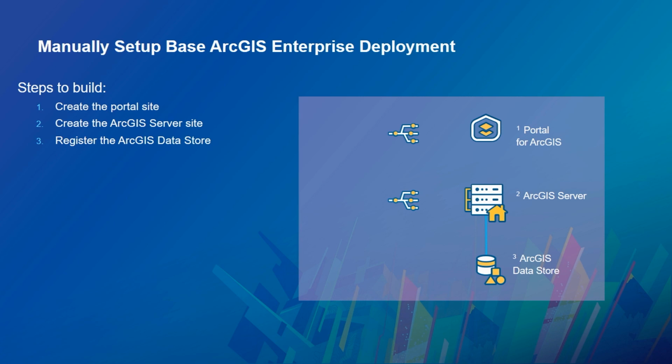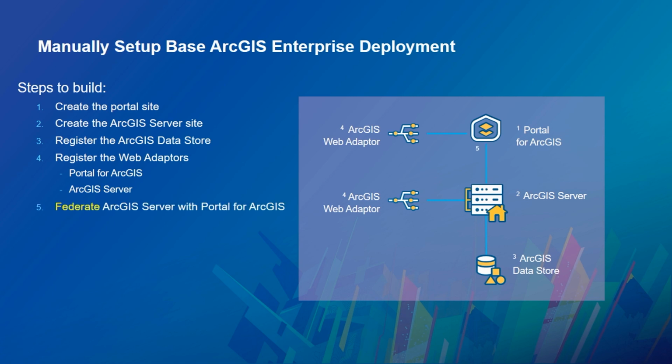Then you register the ArcGIS data store, both relational and tile cache data stores, with the server. Then you register the web adapters, one for portal and one for server. And then you federate ArcGIS server with portal. And then finally define a hosting server. So then you get your full base deployment. After all these relationships are established, that's when you have your full deployment.